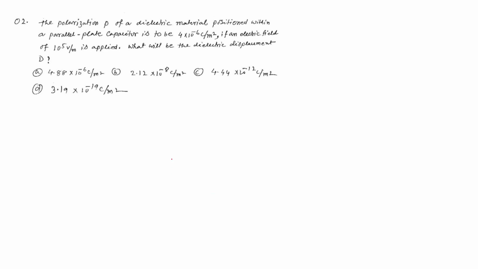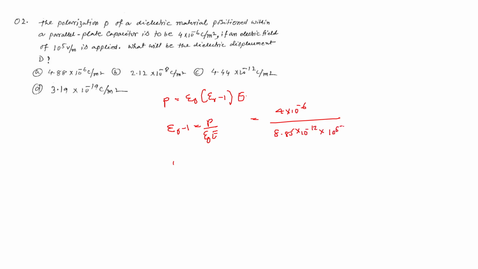The polarization P = epsilon 0 (epsilon r − 1) E. So epsilon r − 1 = P/(epsilon 0 E) = 4 × 10^-6 divided by 8.85 × 10^-12 × 10^5. So the dielectric constant epsilon r is 4.52 + 1 = 5.52.